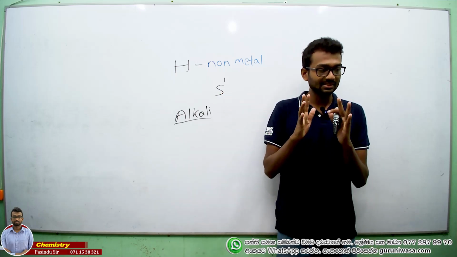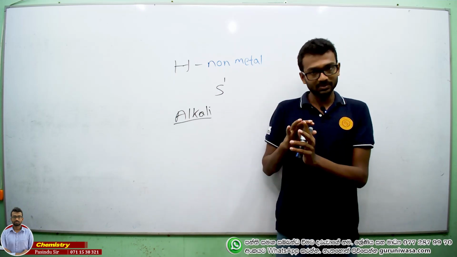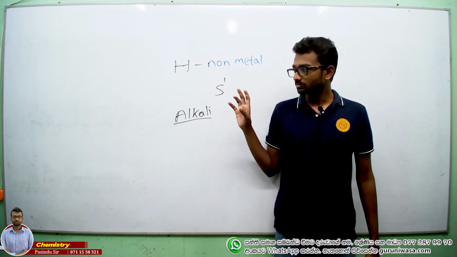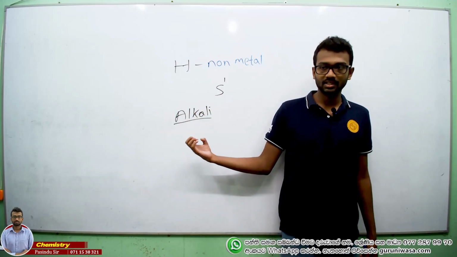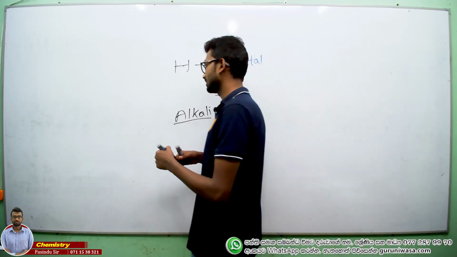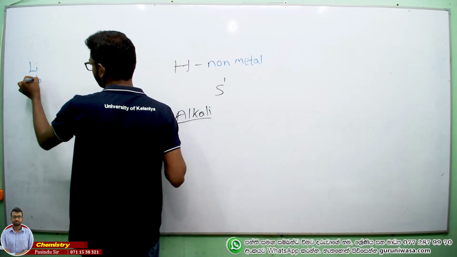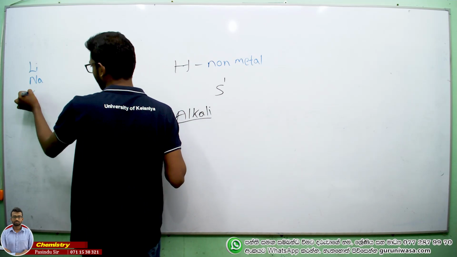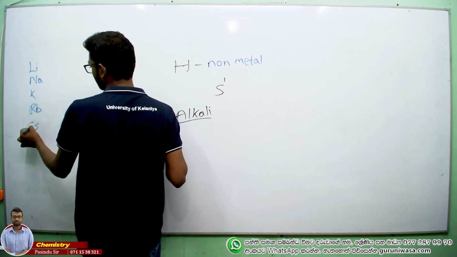Just understand this is the way we discuss all other groups: abundance, availability, how it's available. What are the elements? Just write down the elements: lithium, sodium, potassium, rubidium, cesium.